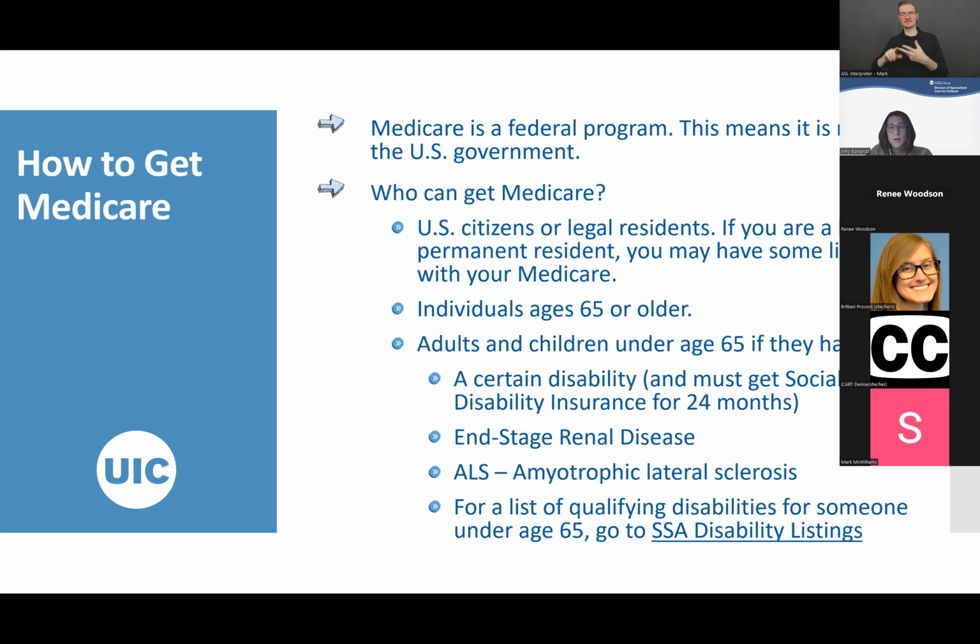If you would like to know more about the disabilities that qualify, you can go to the Social Security website. We have put the link here for you, and you can look at this after you get the slides. You can also contact Medicare or the Social Security Administration if you have questions about the program or if you want to see if you or your child may qualify.